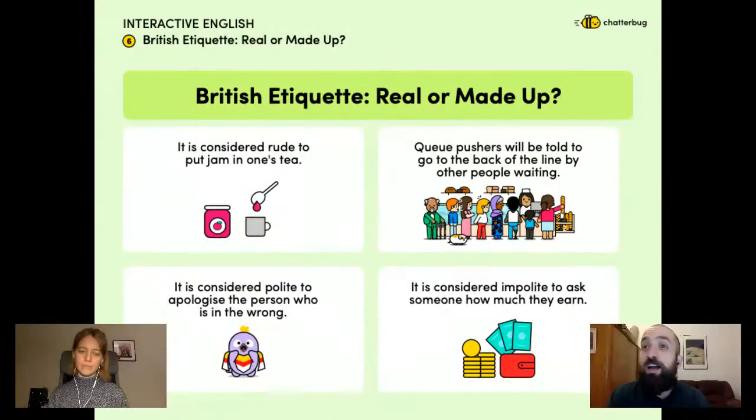Okay. It is considered polite to apologize to the person who is in the wrong. So say someone bumps into you, you would apologize to that person. Yes, I know this one. This is definitely true. I'm sorry you harmed me. That's something British people do all the time.